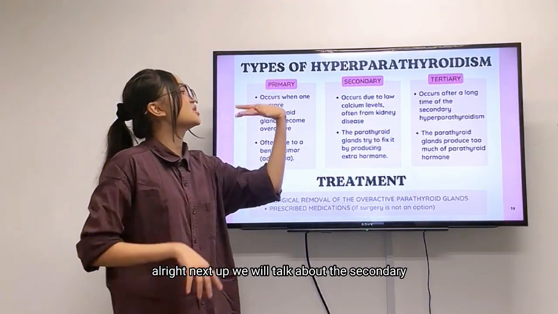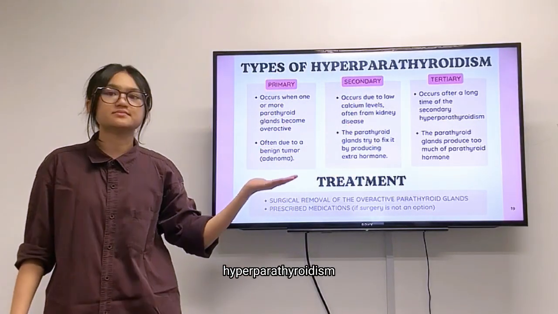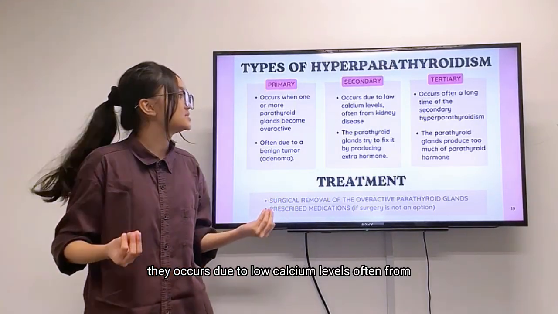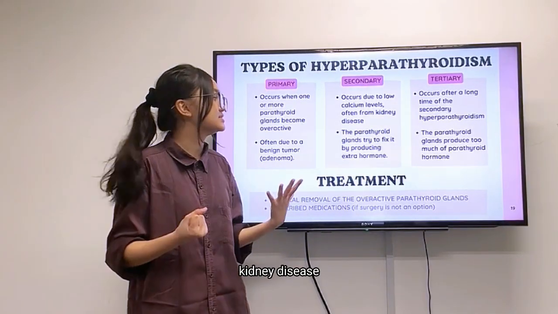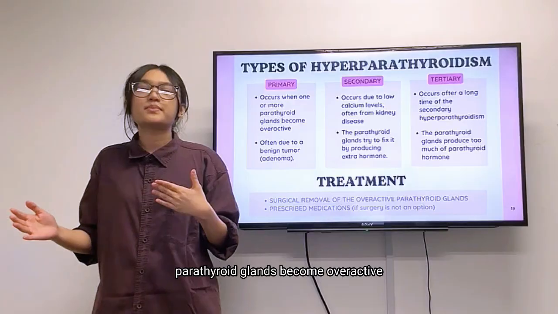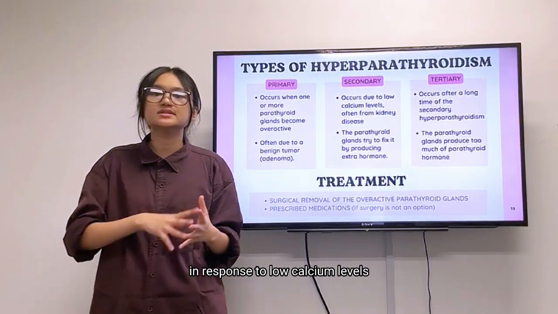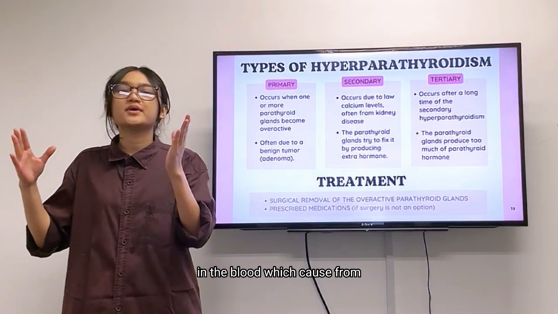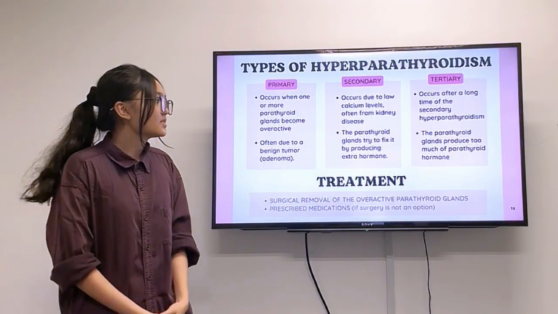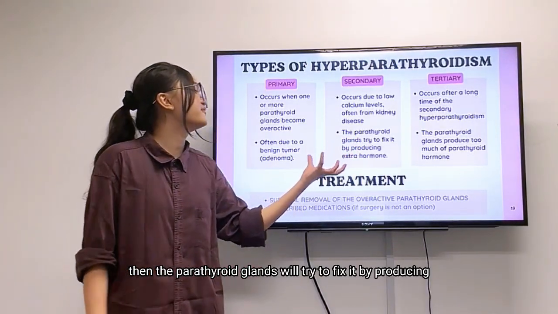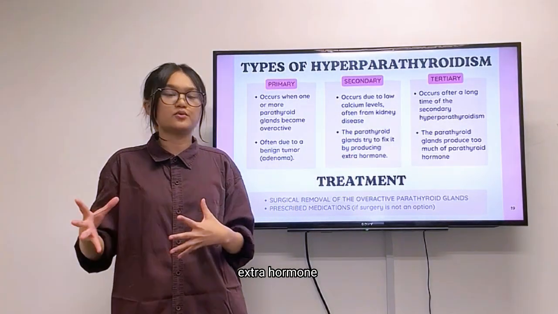Alright, next we will talk about secondary hyperparathyroidism. It occurs due to low calcium levels, often from kidney disease. So basically, the parathyroid glands become overactive in response to low calcium levels in the blood, which is caused by kidney disease, and the parathyroid glands will try to fix it by producing extra hormone.